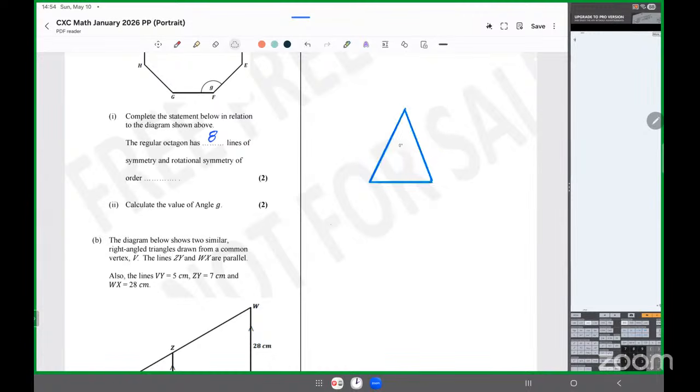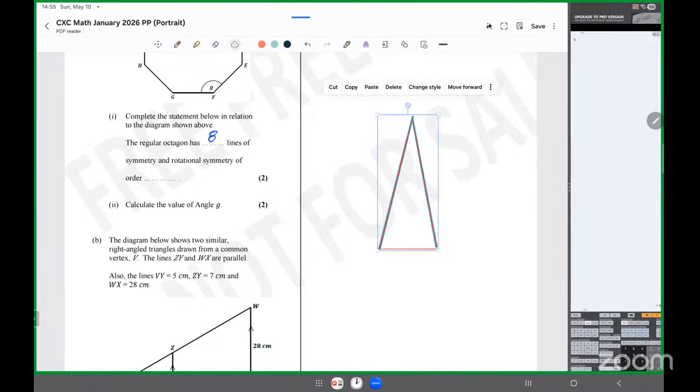So the order is 1, you see? Let me draw it like this to make it more obvious. Remember, it's about rotation. Think of it as if you're rotating this thing. So it's order 1.